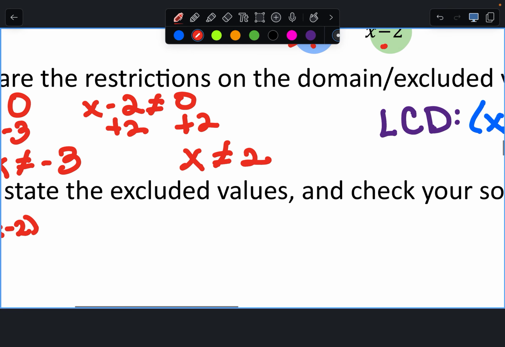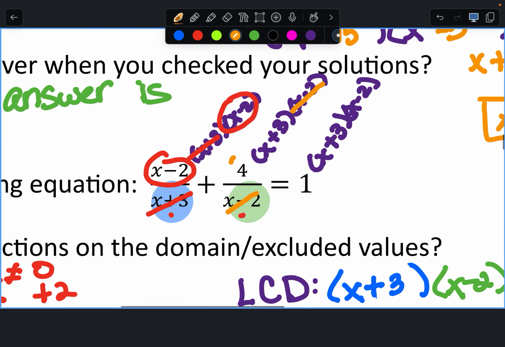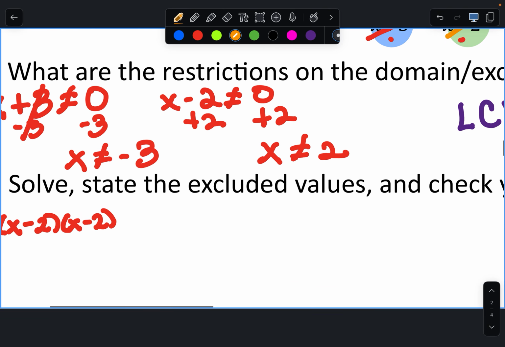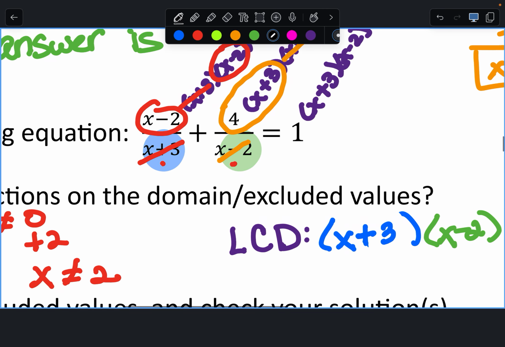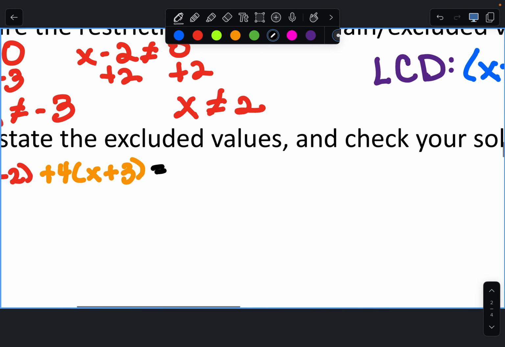Okay, then I'm going to go back over here, cancel the x minus 2, and write this part down. Then I have my equal. When you come over here, nothing cancels. So I am just going to bring this down, because if I multiply 1 by it, it's still that.